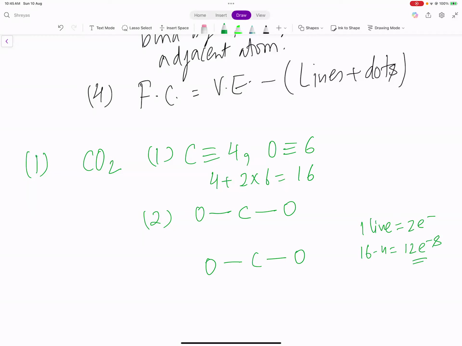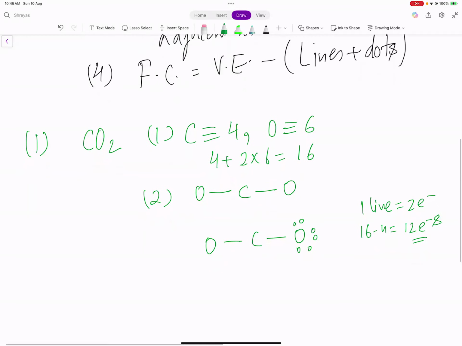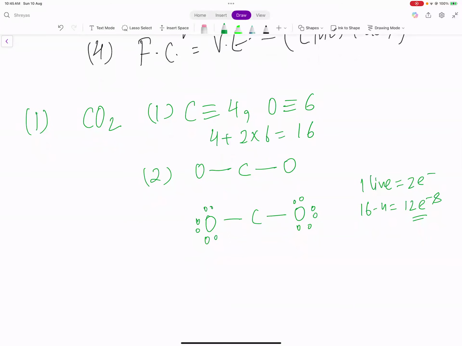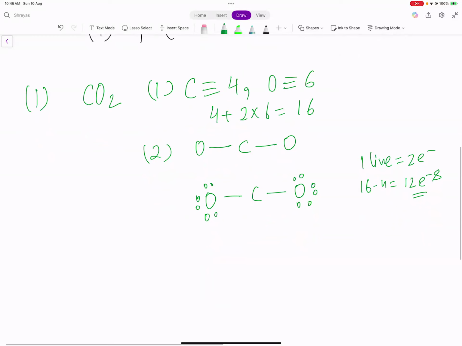So I start assigning them starting from oxygen. Oxygen needs 6 to complete its octet, and then another 6. Now we are done with electrons. We don't have any more electrons left. But the octet is not complete for carbon, right?